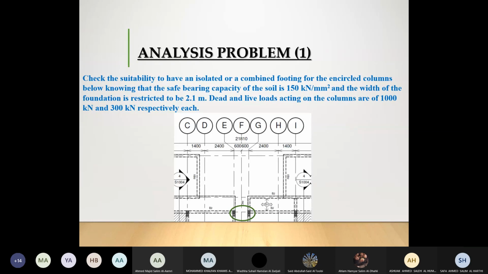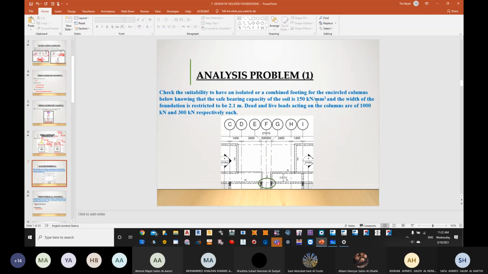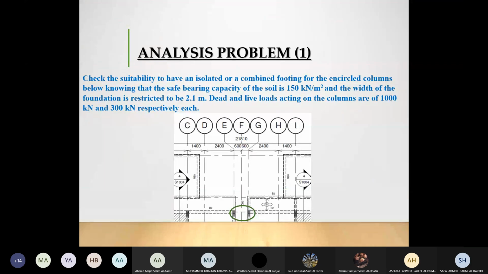It says: check the suitability of an isolated or a combined footing for the encircled columns below, knowing that the safe bearing capacity of the soil is 150 kilonewton per meter square, and the width of the foundation is restricted to 2.1 meter by 2.1 meter.